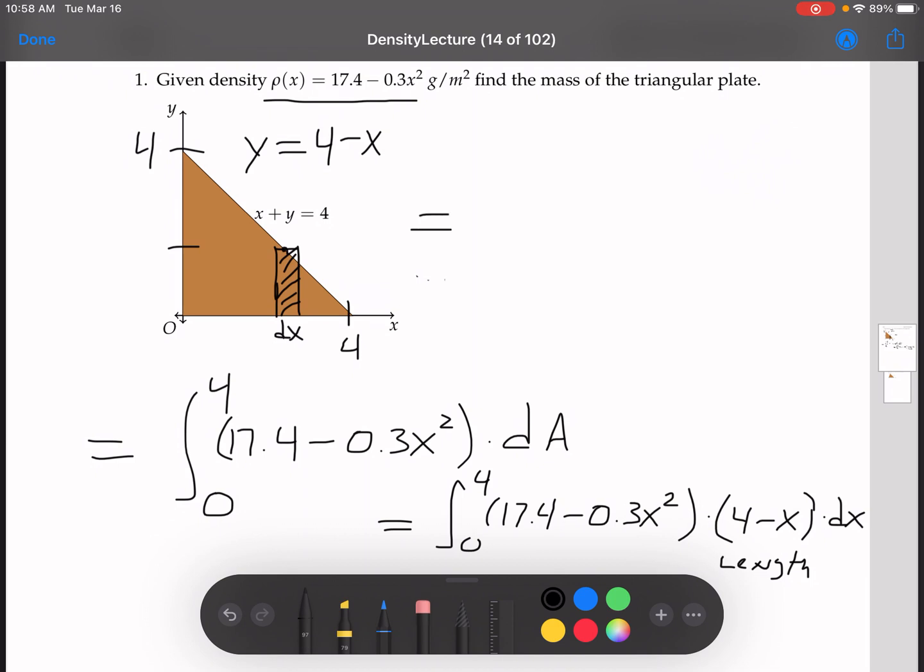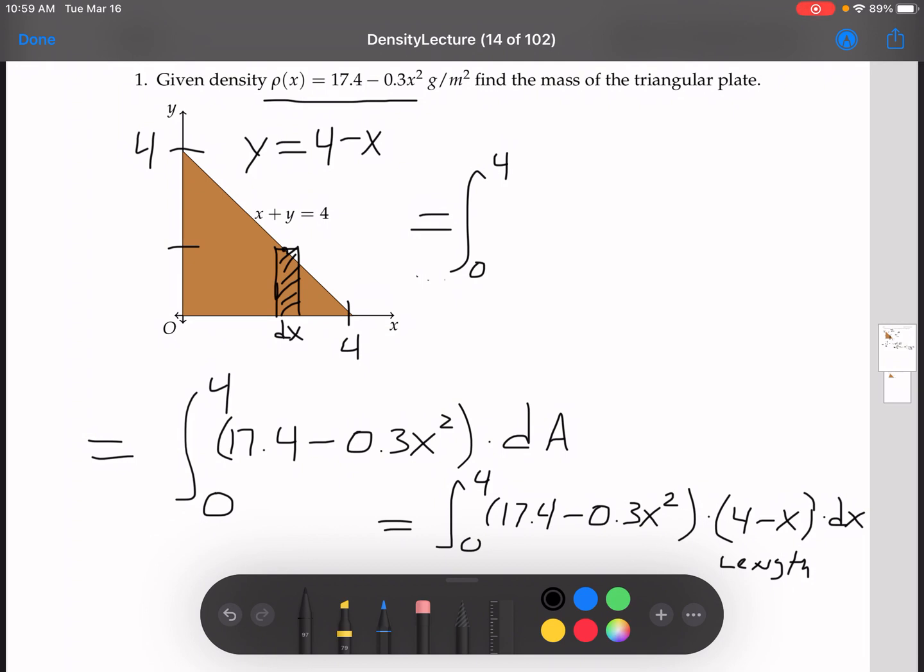So continuing on, I have 0 to 4. And so now I'm going to use the distributive property, distribute 17.4 to 4 and negative x, and then add that to negative 0.3x squared, distributed to 4 and negative x.